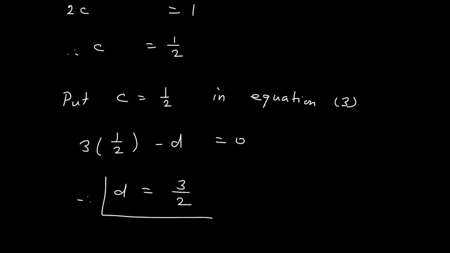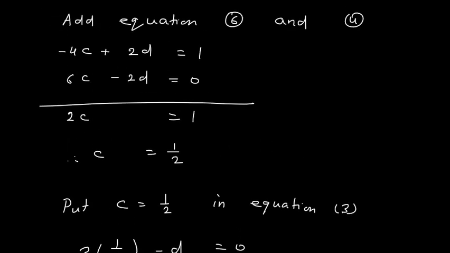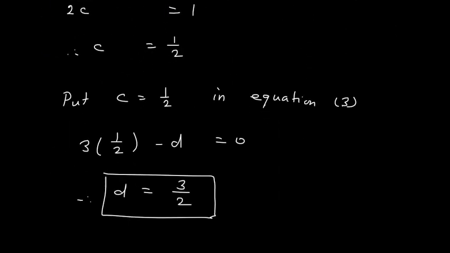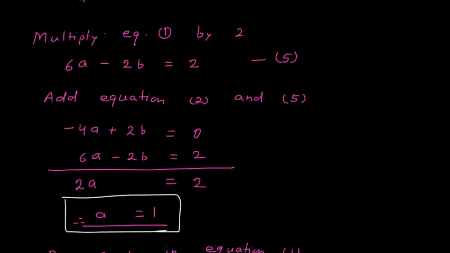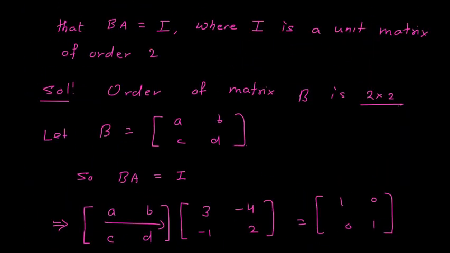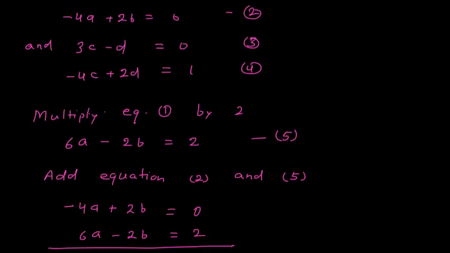Therefore, finally my matrix B is [a b; c d]. Let us put the values. C is 1 by 2 and D is 3 by 2.